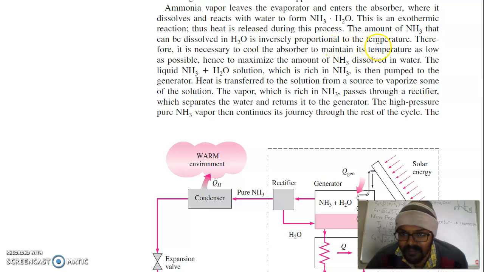That means if the temperature is higher, the dissolving capacity of water will decrease. If the temperature is lower, the dissolving capacity for ammonia will increase. Therefore it is necessary to cool the absorber to maintain its temperature as low as possible, hence to maximize the amount of ammonia dissolved in water.